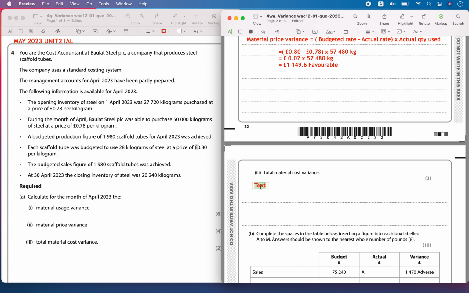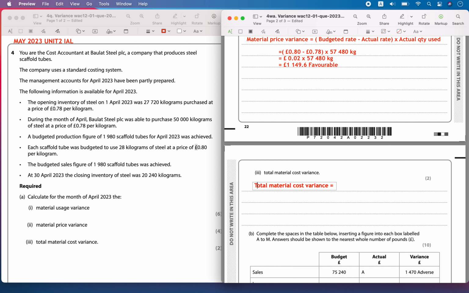So what is that between the budgeted cost and the actual cost? What is the difference between them that has happened? So that we can understand whether everything was favorable or not.